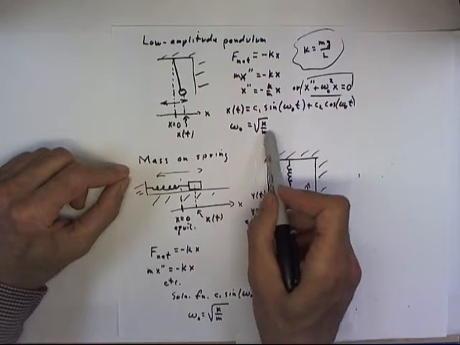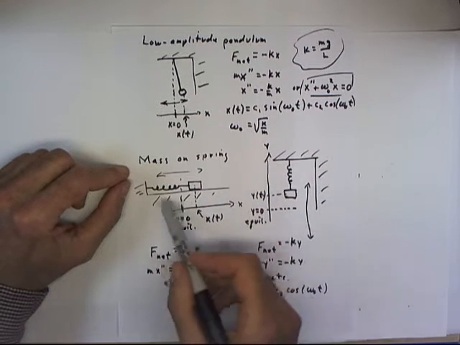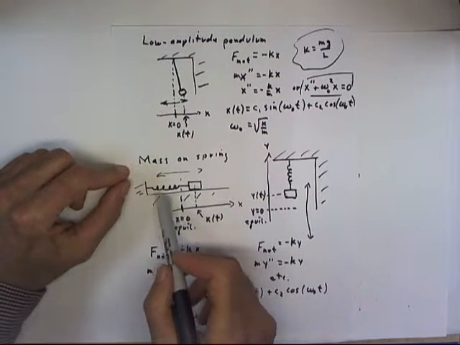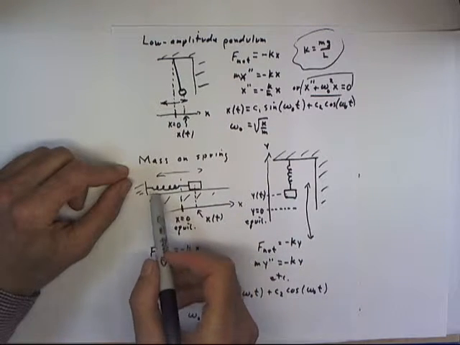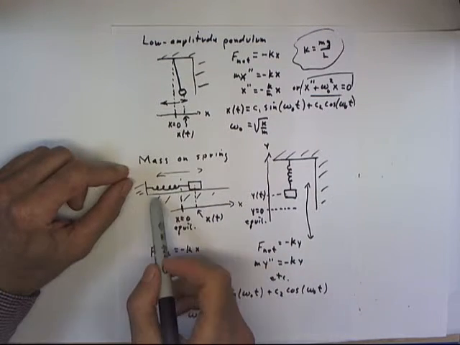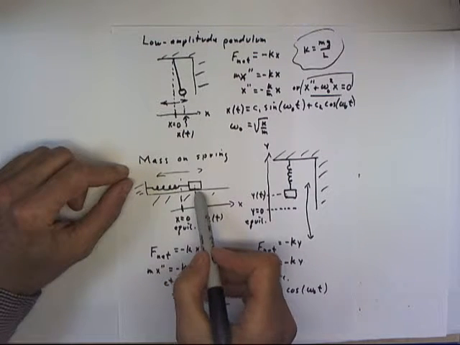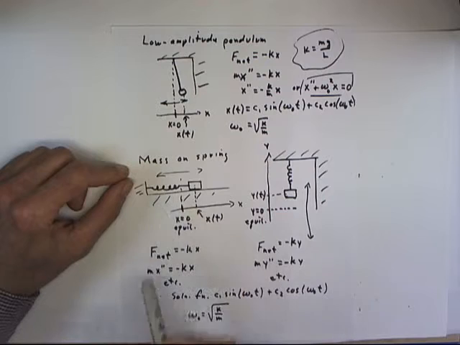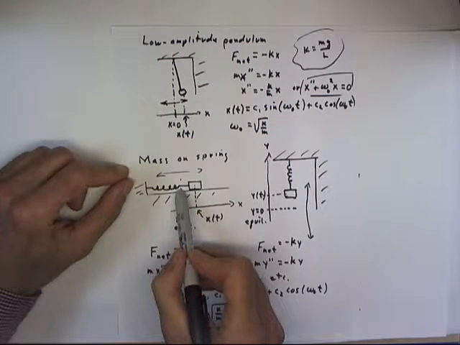Okay, this solution also applies equally well to a mass on a spring where the mass is on some frictionless surface and the spring is an ideal spring. So this is an ideal approximation of what actually happens. We have no friction, and no energy loss in the spring. We have an equilibrium position for the spring.